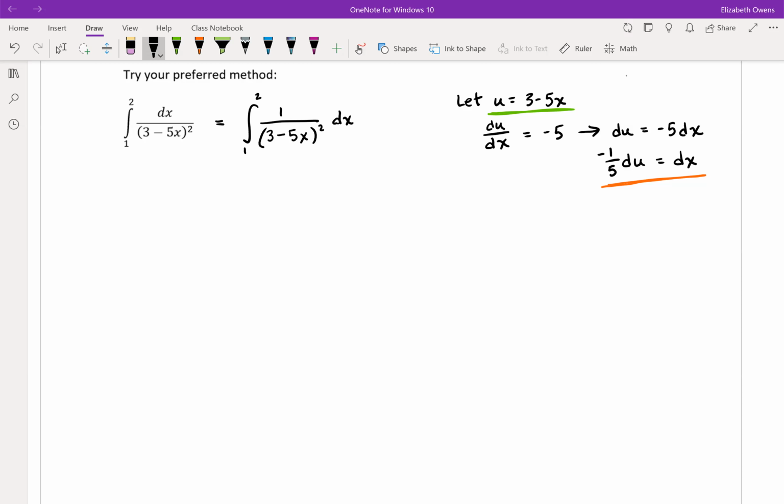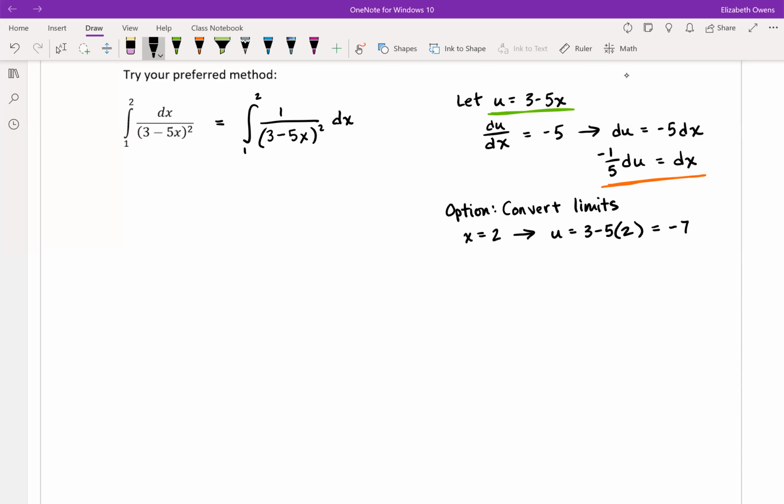For this time around, I'll do it both ways for you. So I'm going to choose the option of converting the limits this time around. Convert limits to u values. Our upper limit of integration, x equals 2: u is going to equal 3 minus 5x, so 3 minus 5 times 2.